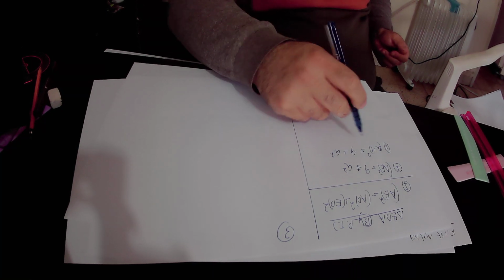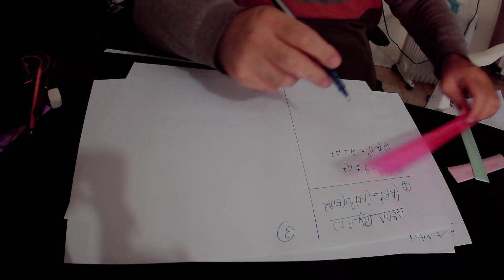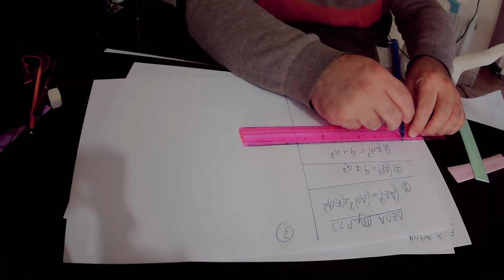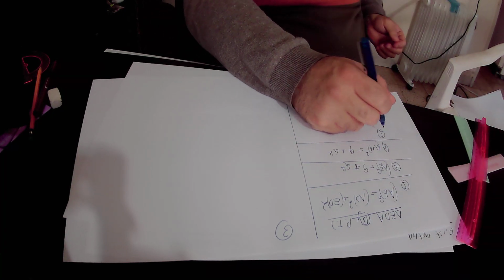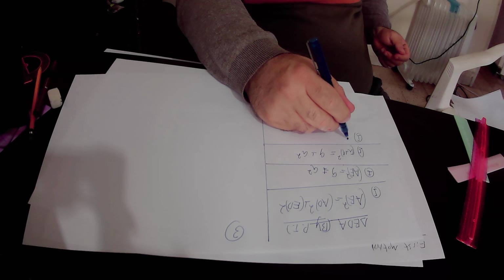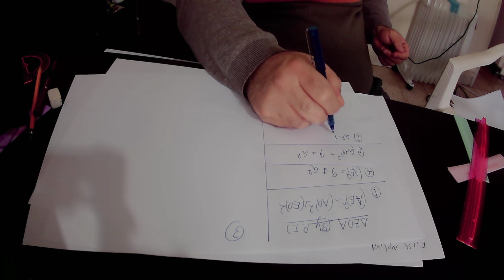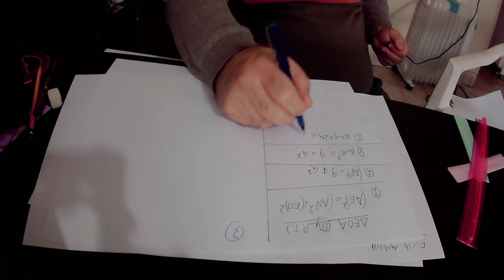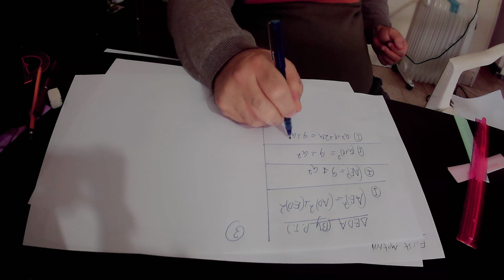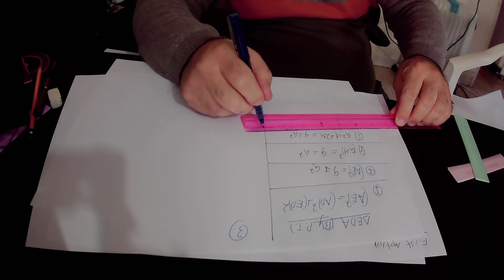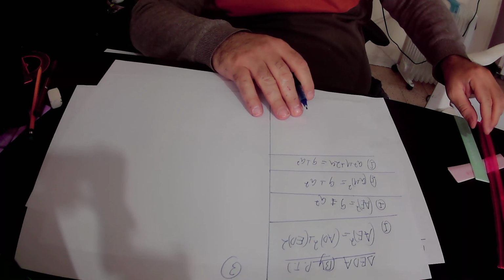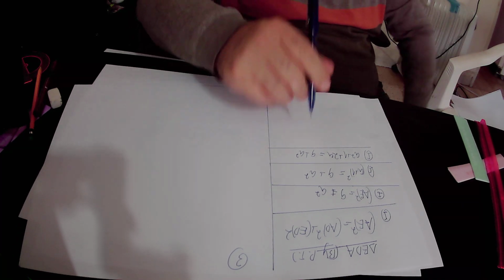Here we will open the brackets on this side of equation number 1, and we get that a plus 1 squared equals a squared plus 1 plus 2a, and it equals 9 plus a squared. Here we have a squared on both sides, so a squared will get cancelled.